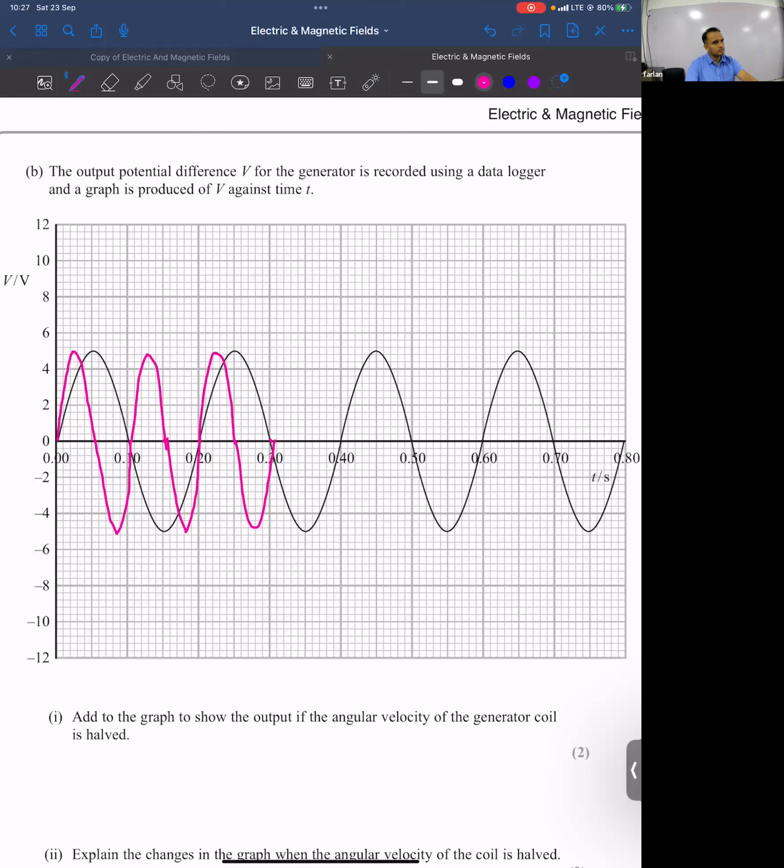The velocity is half, so the time will be double. So then what if I draw something like this? Okay, look at this, guys. What if I draw something like this?